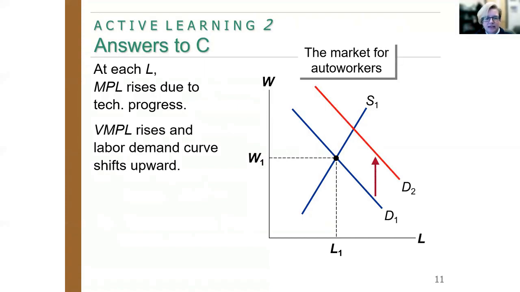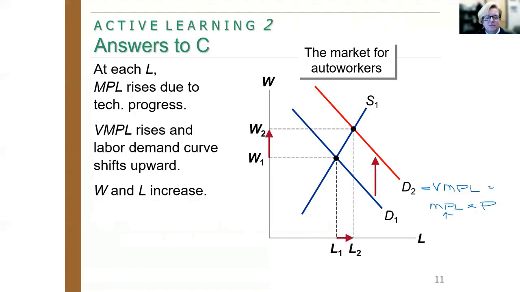Because remember, the demand here is the value of the marginal product of labor, which is the marginal product of labor times the price. And the marginal product of labor went up. So our demand curve would shift upward and to the right. The effect would be that wages subsequently increase, and labor increases.